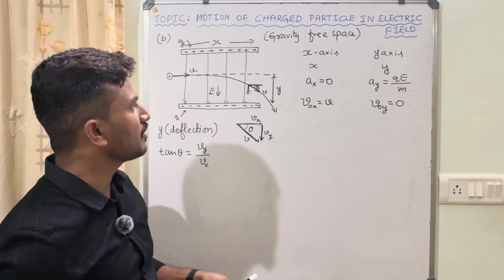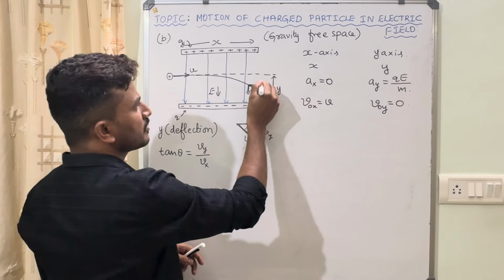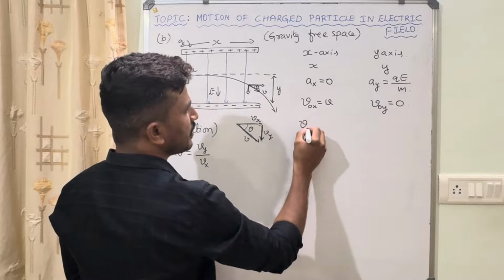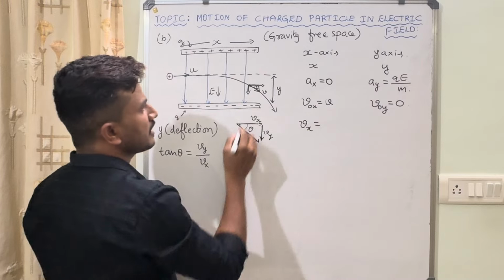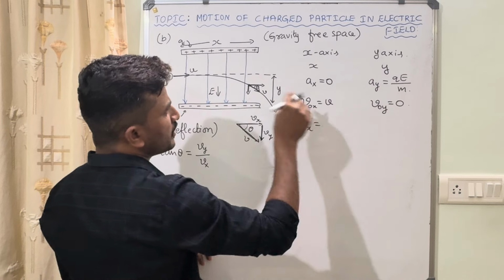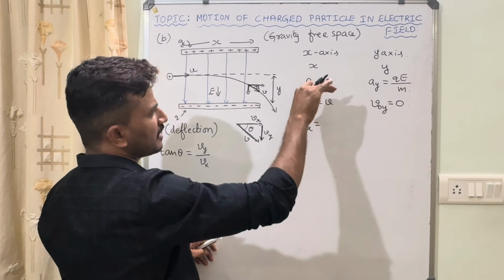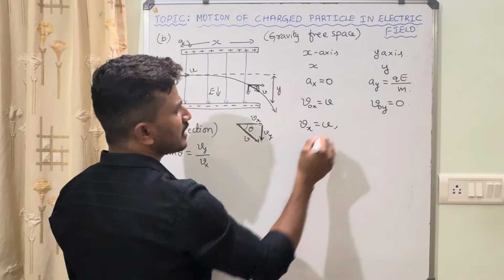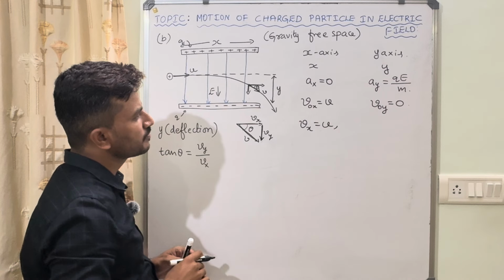I need to find the final velocity here. Since there is no force acting in this direction, the horizontal component of velocity remains constant, u only.